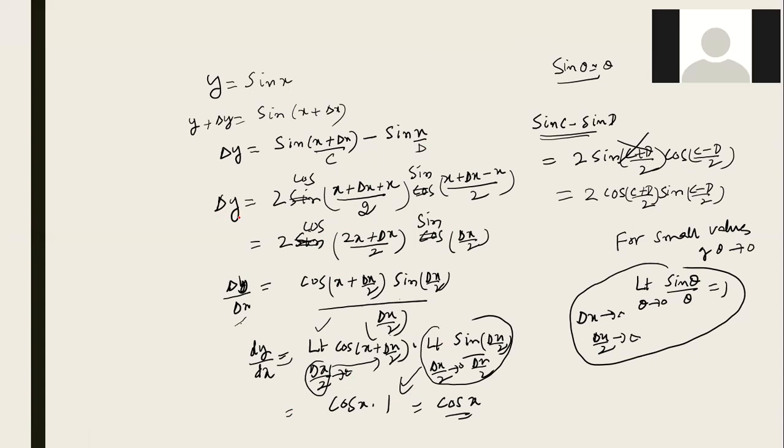By delta x I did, but this 2 I took down. But if we take delta x to 0, it will also become 0, na sir? That's why I wrote if delta x is tending to 0, delta x by 2 also tends to 0. Then denominator will be 0, na sir? Then how will you get cos x? I didn't follow.